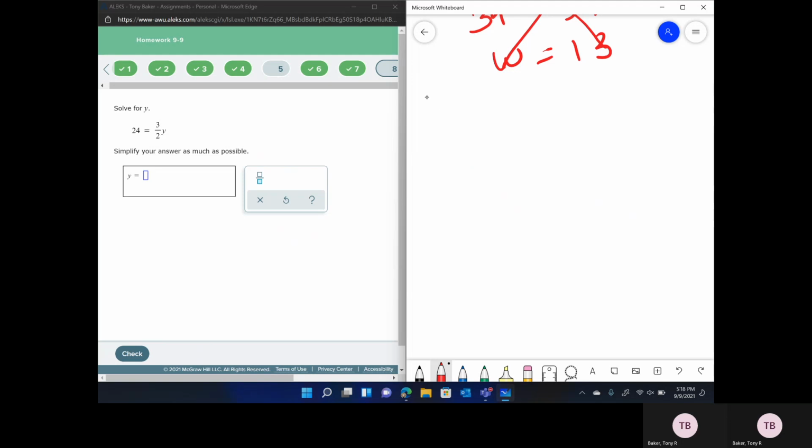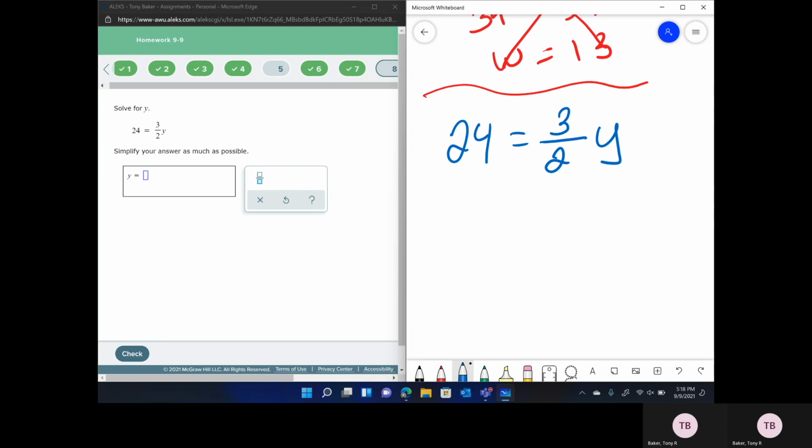All right, let's look at this one. So 24 equals 3 over 2y. You can do this one of 2 ways. I'm going to show you both. You can choose which way you want to do it.